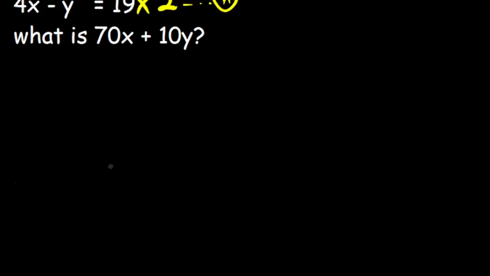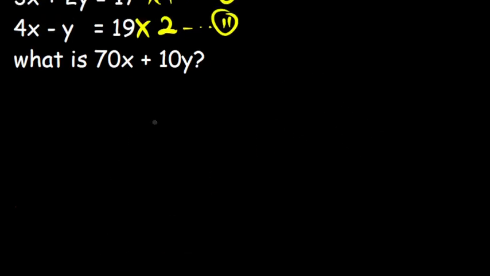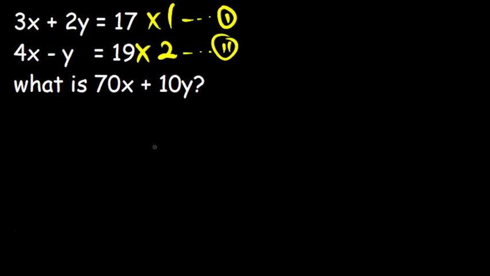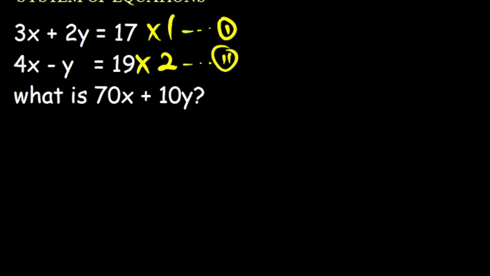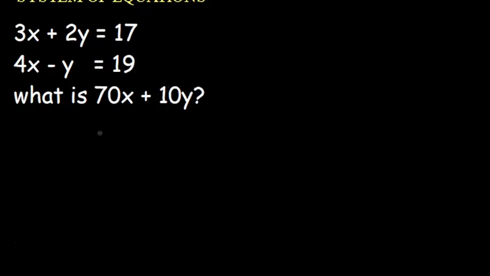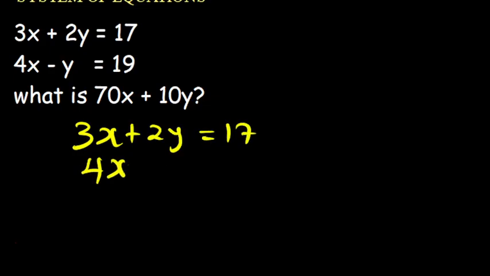Okay, now for the second method, what we'll do is we just add equation 1 and 2. Okay, so we have 3x plus 2y is equal to 17, and 4x minus y is equal to 19.